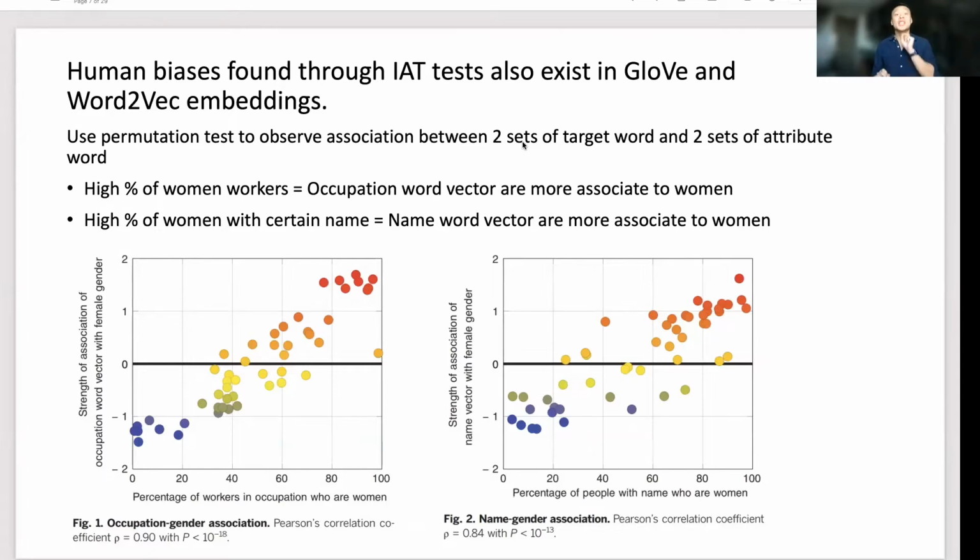So each dot is each occupation that they test with, and on the y-axis they test the association using the word embedding, like plumbers, doctors, construction workers, or all the occupations that they have the data for. So you can see that the association has a very strong correlation of 0.9.